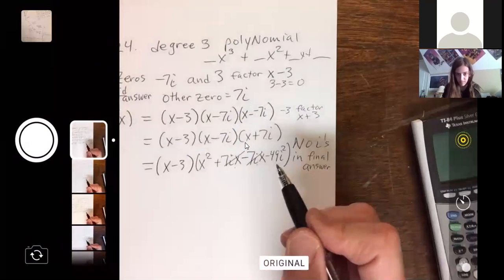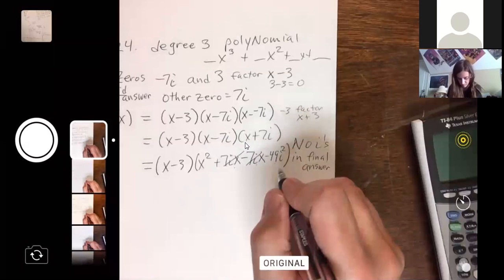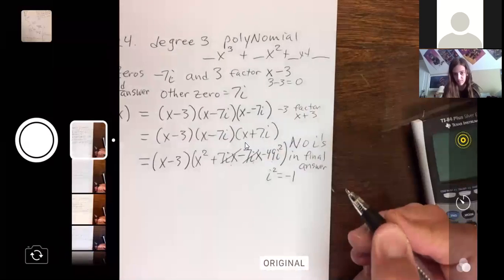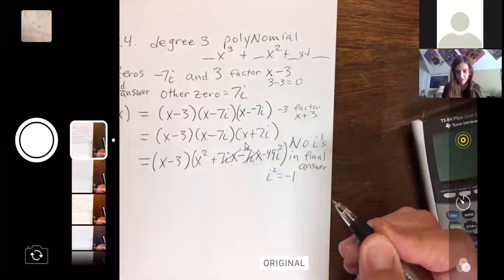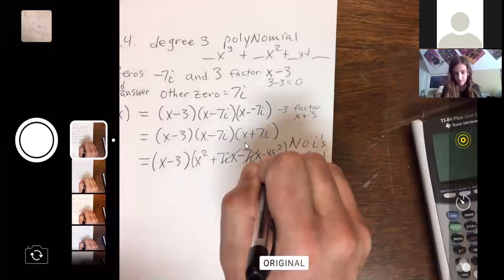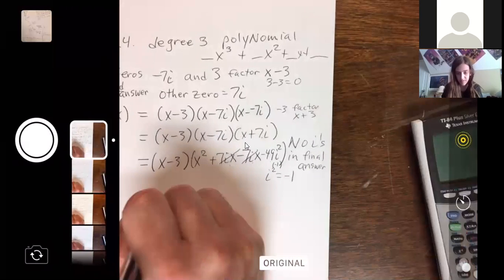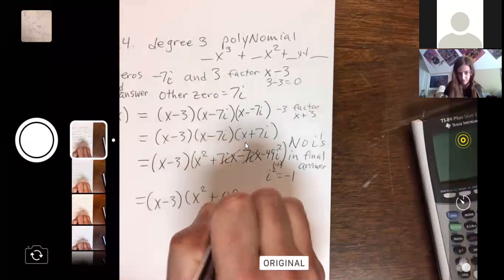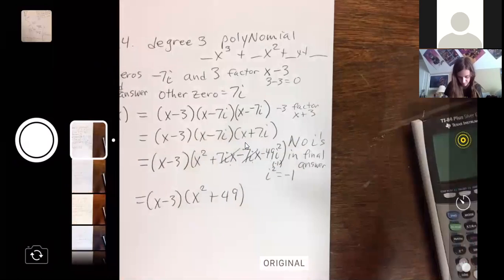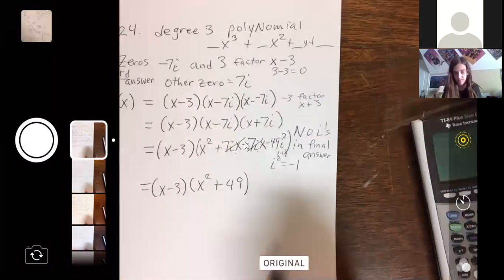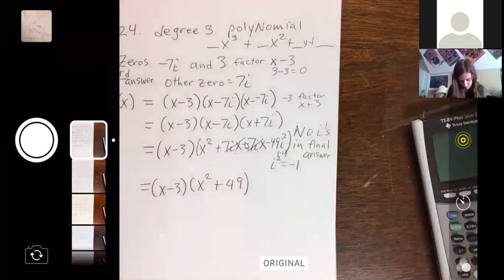See, that's going to vanish. And do you remember that an i squared is equal to negative 1? Yes. So if I put in a negative 1 there times negative 49 turns positive 49. Plus 49, and my i's are gone. So if I do this correctly, I should have it correct. And again, there'll be no i's in the final answer. Are we ready to finish it?